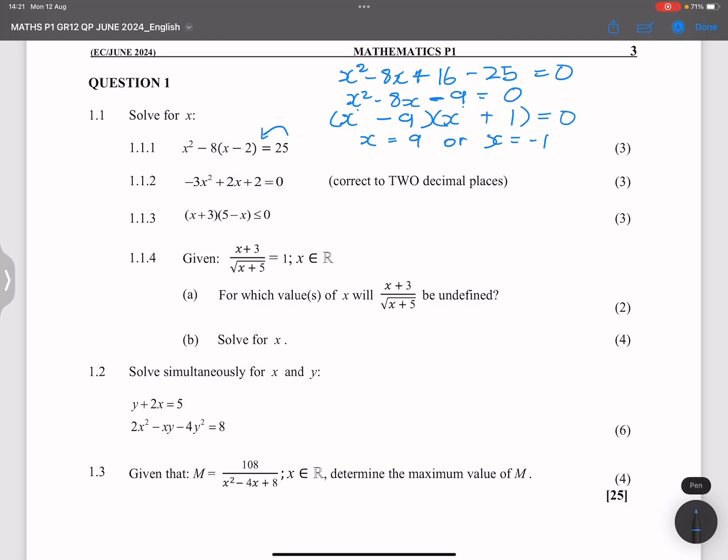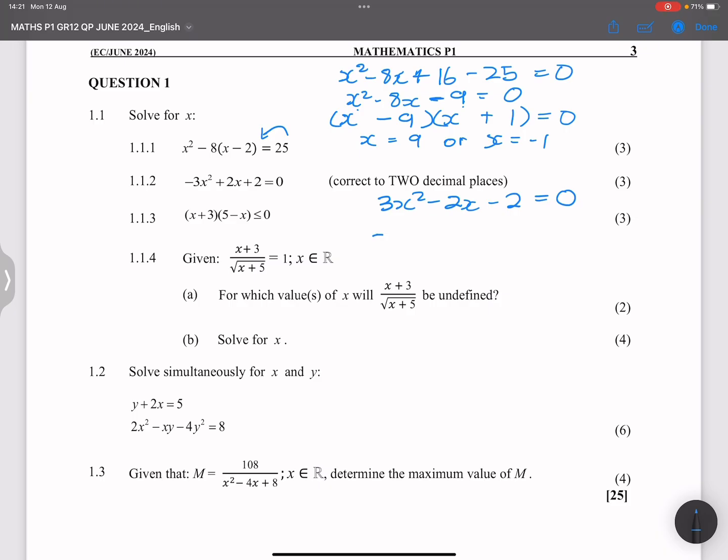But what I'm going to do is first multiply throughout by the negative, so that my coefficient of x squared is positive. So I've got 3x squared minus 2x minus 2. So everything else changes sign. And please note, what I do on the left, I'll do on the right. And in this case, anything multiplied by 0 still becomes 0.